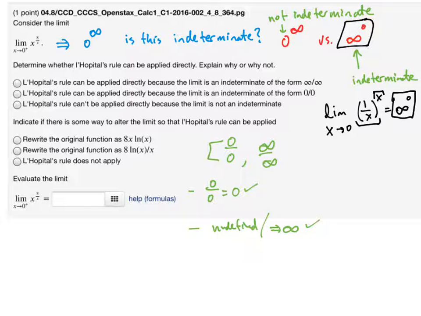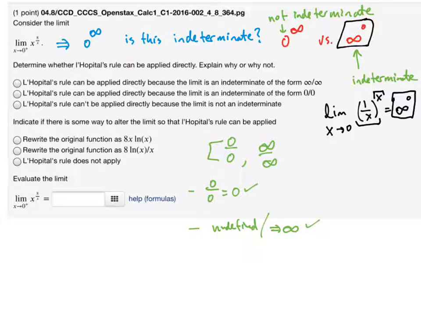So you can think of this as a number that's going to infinity being raised to a number that's getting really small. That doesn't totally make sense, because anytime we have a base that's really big, it's likely that the whole expression is going to get really big. But if our exponent is getting really, really small, or basically 0, then that's actually going to be 1. So we have some competing interests here.